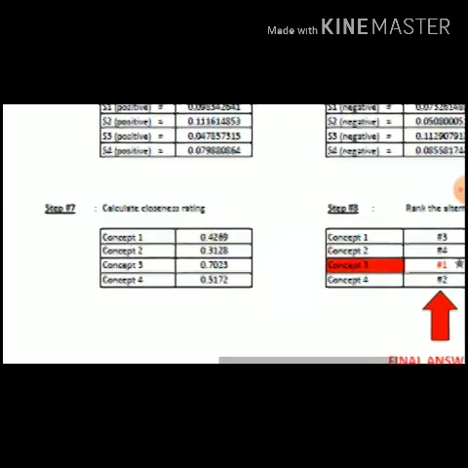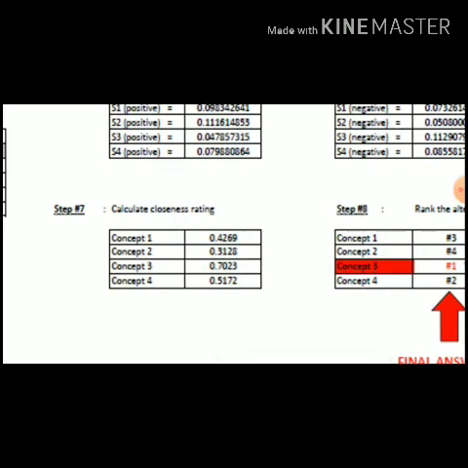So in simple words, what can I say? For the best selection of the product using TOPSIS, it is basically focusing on the product that comes with the lowest positive ideal solution. It shows that you are very close to the positive ideal solution. So we are aiming for the lowest number for the positive ideal solution, and at the same time you must have a high number for the negative ideal solution, because you want to go far away from the negative ideal.